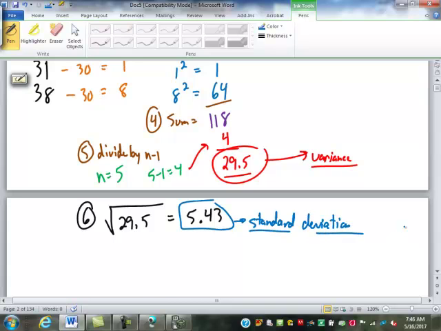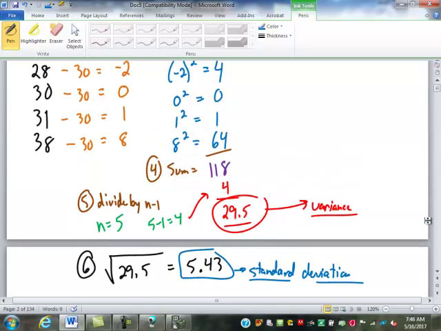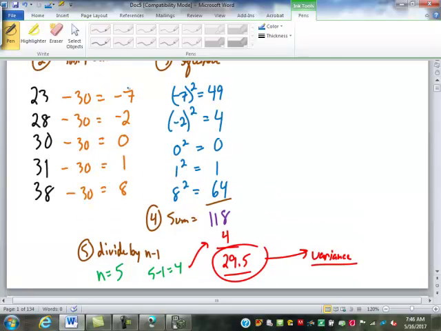What does that number represent? What that number represents is on average how far each point is away from the mean. You know, this one is 7 units from the mean, 2 units, 1 unit, 8 units. That averages out to somewhere around 5.43.